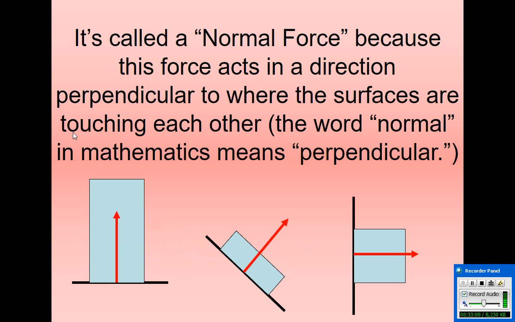Maybe I'm pushing this object up against a wall. If so, the wall is exerting a normal force on the object perpendicular to the wall, so this would be an example where the normal force could be horizontal. It has to be, though, perpendicular to the surface against which the object is placed.